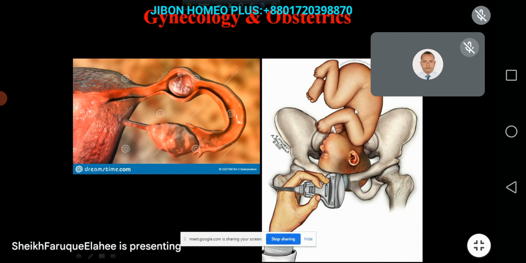If we find such a case, though I know most of our homeopathic doctors don't attend delivery cases, there was a time in the 19th century when our homeopathic hospitals were equipped with departments of gynecology and obstetrics.